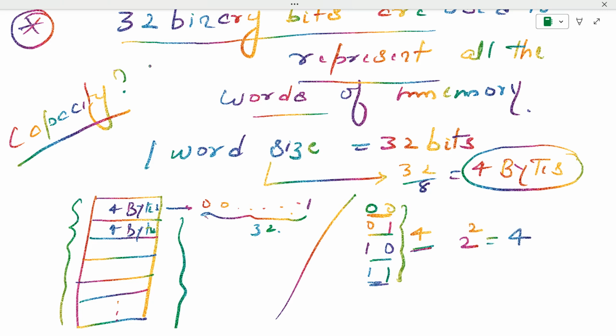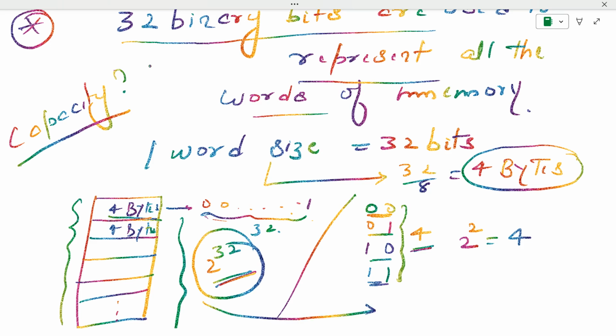Similarly, if we have 32 bits to represent one word, then altogether how many words could be formed? 2 raised to the power 32. So now we have got that the total number of words could be 2 raised to the power 32, and each word having size of 4 byte.